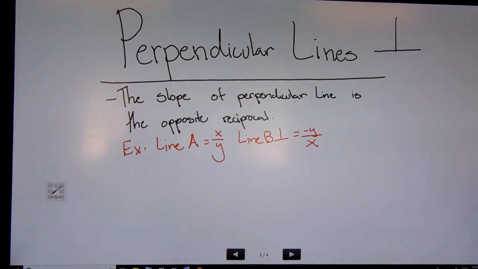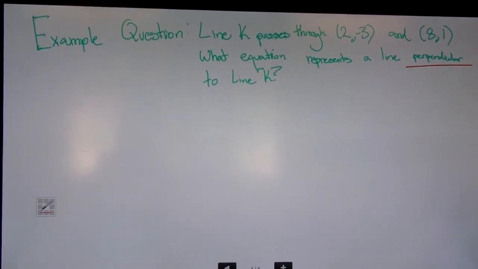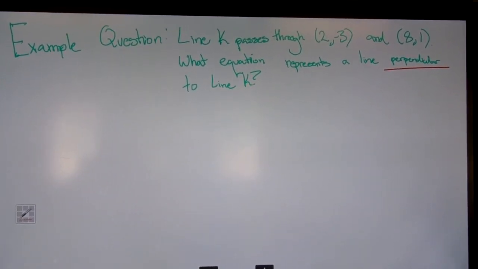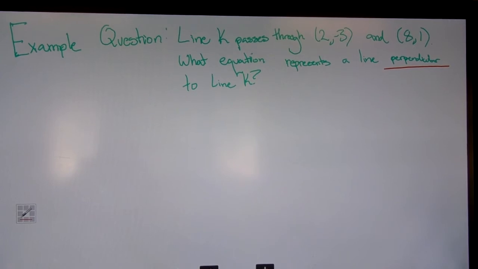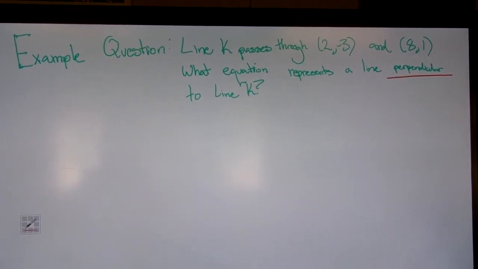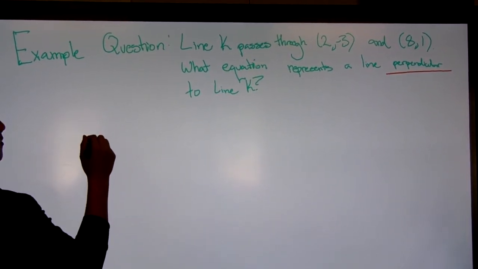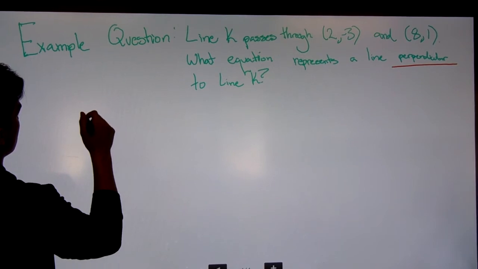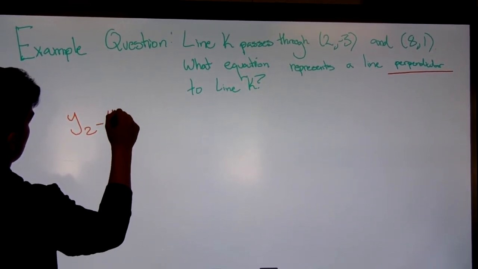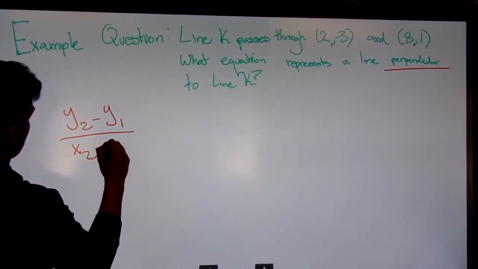Cool. Okay, so our example problem. Line K passes through 2, -3, and 8, 1. What equation represents a line perpendicular to line K? So the first thing you have to do is find the slope of line K. So you use your points and plug them into your slope formula, which is y2 minus y1 over x2 minus x1.